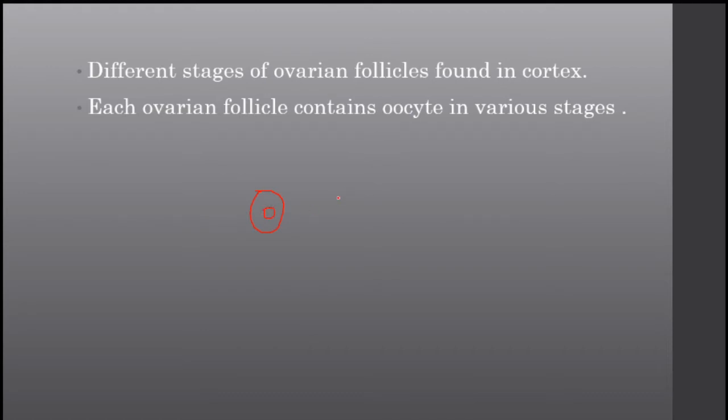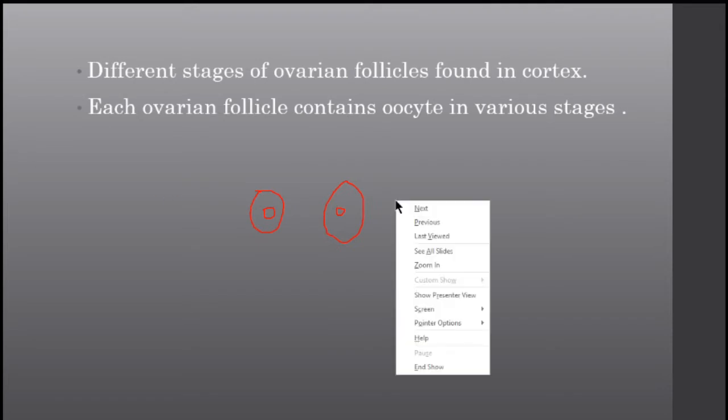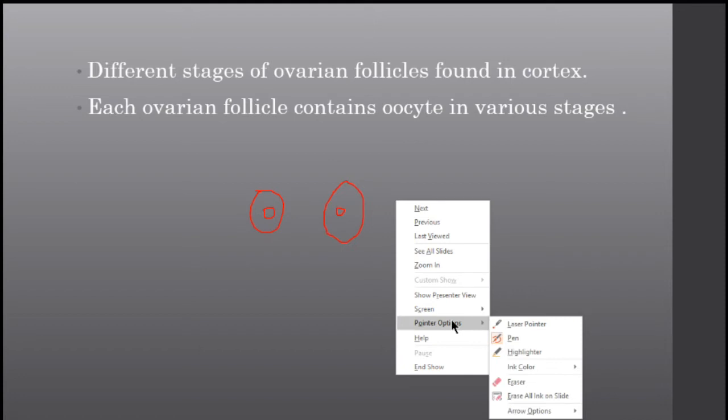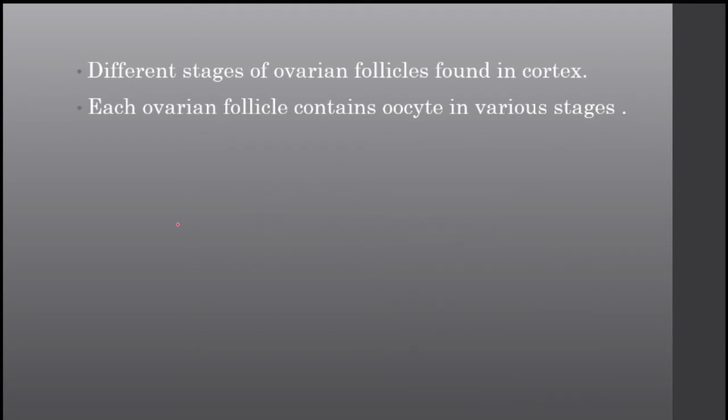If this is the primary follicle, the primary follicle also contains an ovum, but that oocyte is in a different stage. Likewise, if I draw the secondary follicle or Graafian follicle, all these follicles show the oocytes in their different stages.